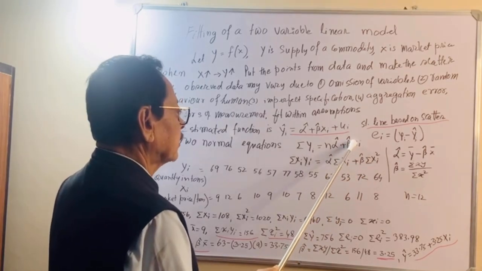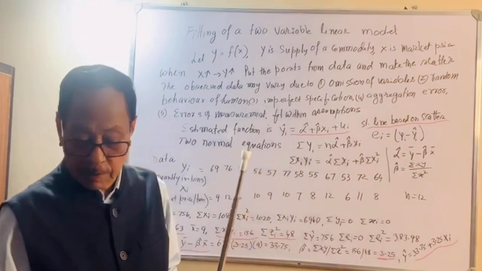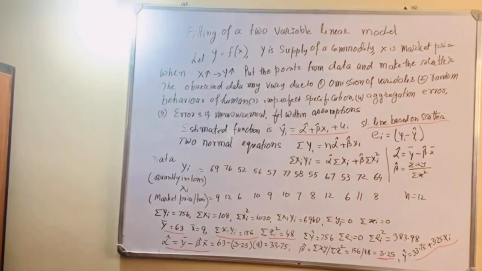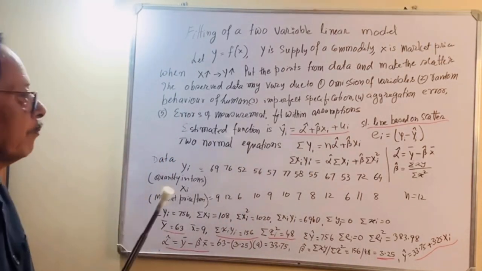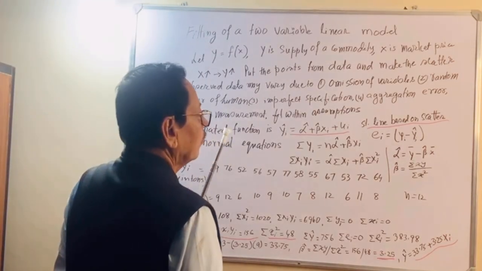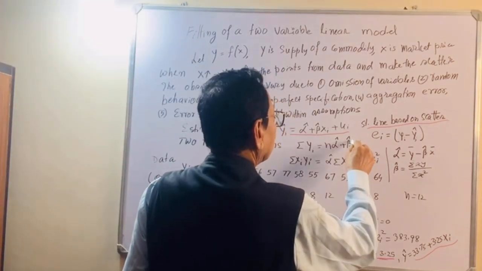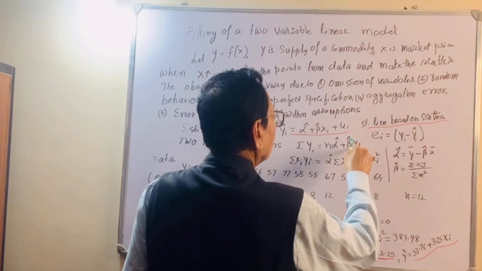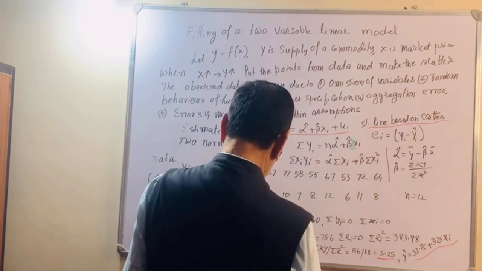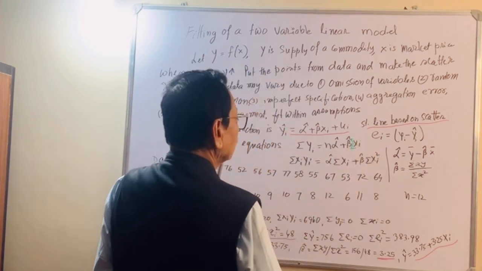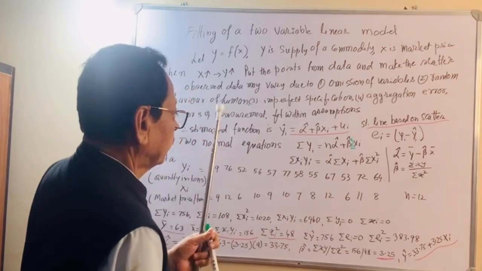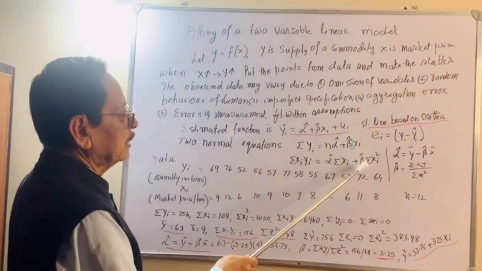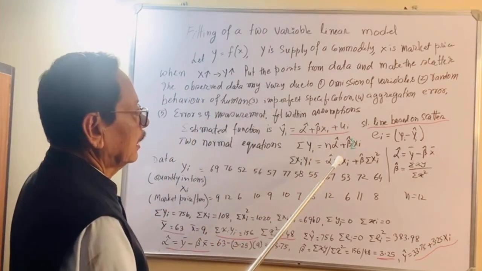So we'll put summation here, and we'll have to eliminate beta. So how to eliminate that?